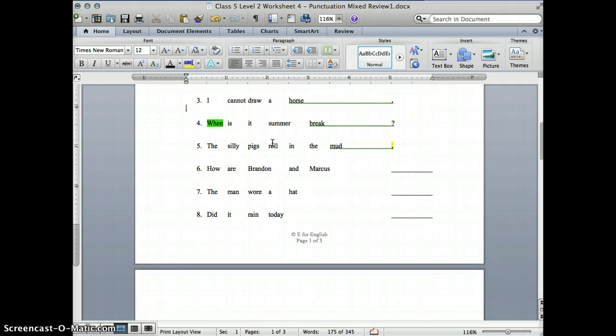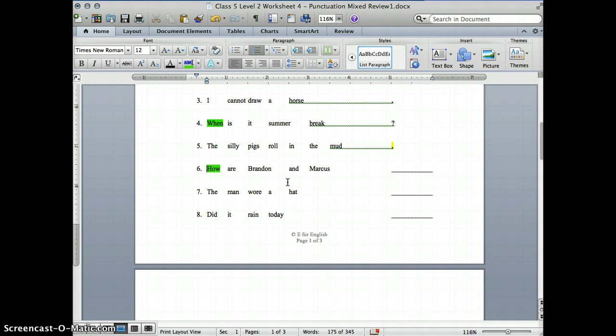Okay. Number 6, how are Brandon and Marcus? So again, this sentence has another keyword that automatically tells me what I'm going to put at the end of it. If you guys can tell me that, what word would that be? What is the key word in the sentence that automatically tells you that this is a certain type of sentence? If you said how, that's exactly correct. How is another key word.